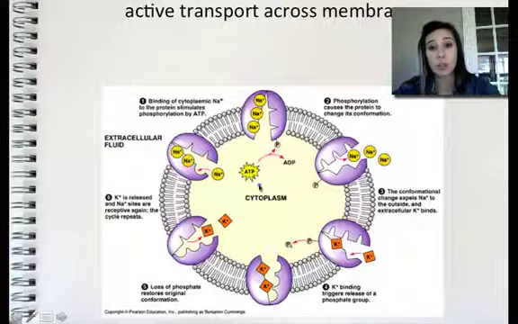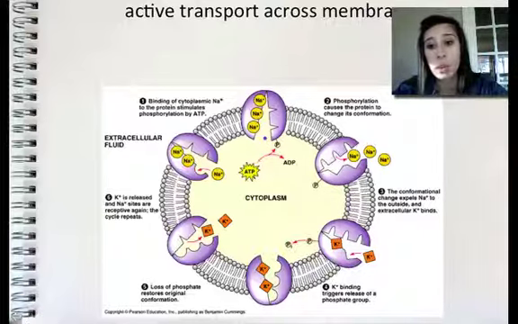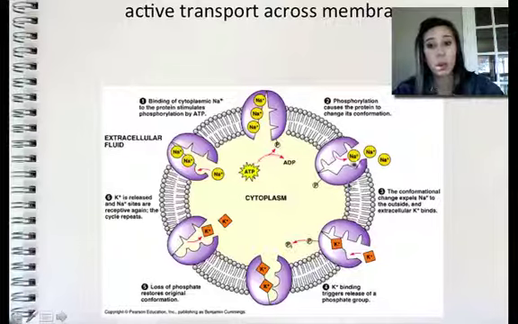ATP is our energy, and it's going to get expended and used, and so ATP will lose its phosphate and we have ADP left. And so because that happens, that causes a transformation in that protein carrier, and so those sodium ions can go against the flow of their concentration on the outside, and we can pump more to the outside.